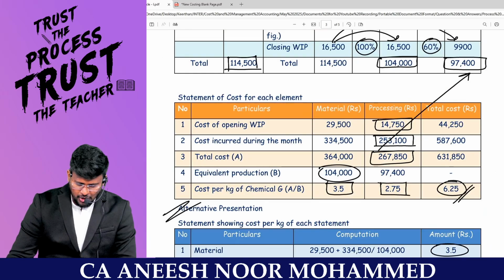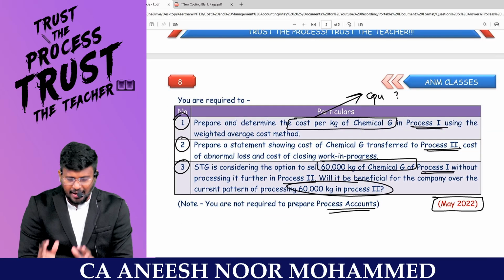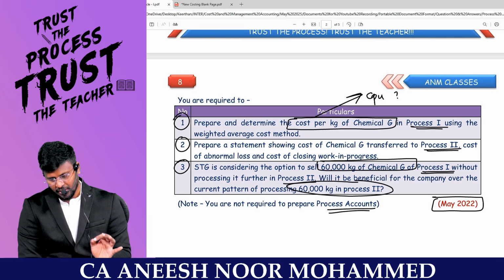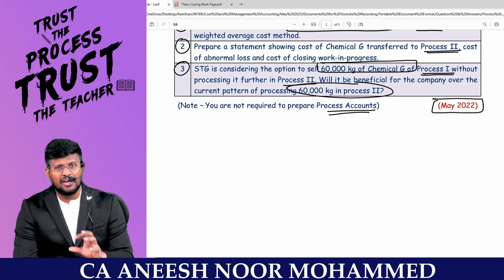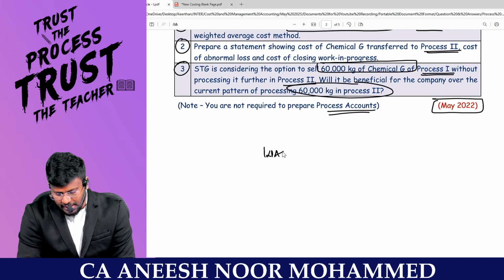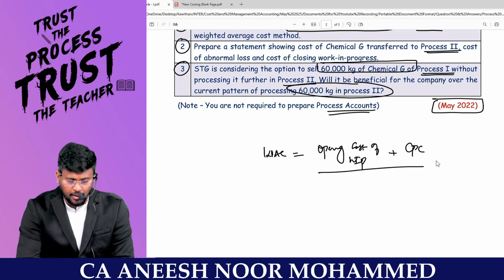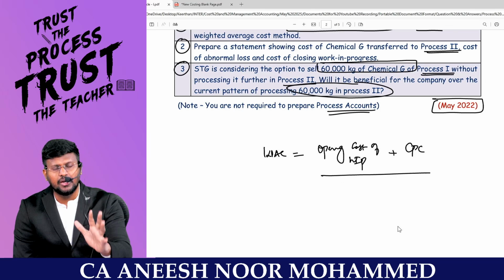Now, my dear lovable students, what they want in part number 1, the question is saying: prepare and determine the cost per kg of chemical G in process number 1, using the weighted average cost method. Since the valuation method is weighted average cost, I will be including the opening cost of WIP plus current period cost divided by the total units which I have introduced.